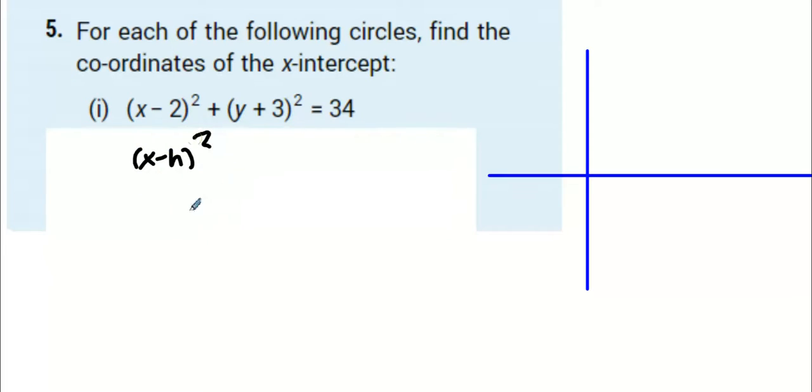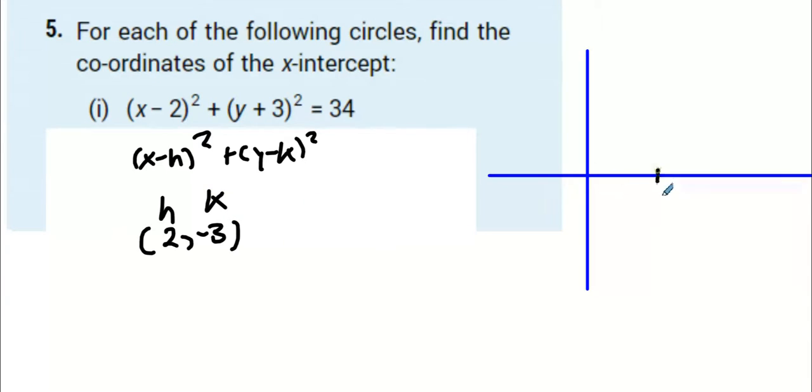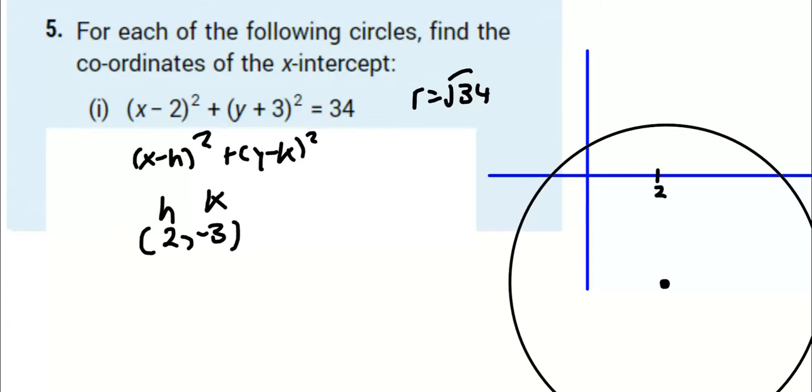What do you think the center of the circle is? h is 2. y minus k, because it's not the same sign, is it? No. We have the center of the circle. Everybody agree with that? 2 across and roughly 3 down, somewhere around here. The radius is root 34. Everybody cool with that? So you're talking about some sort of circle, something along the lines of this.